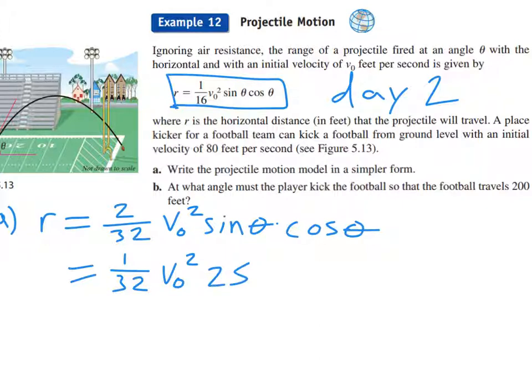And then I'm going to put 2 sine theta cosine theta. All right, so at this point, what has happened is I just took my 2 over 32 and split it up as 1 over 32 times 2, which if you pause for a minute and think about, I think you'll be convinced that that's the same thing. Just off to the side, if you need to, do 1 over 32 times 2 over 1. You'll get 2 over 32.